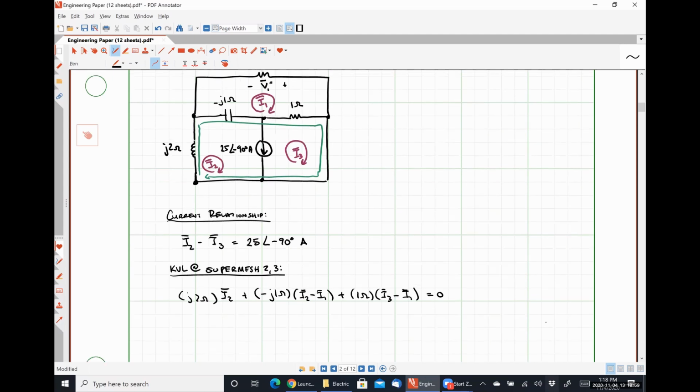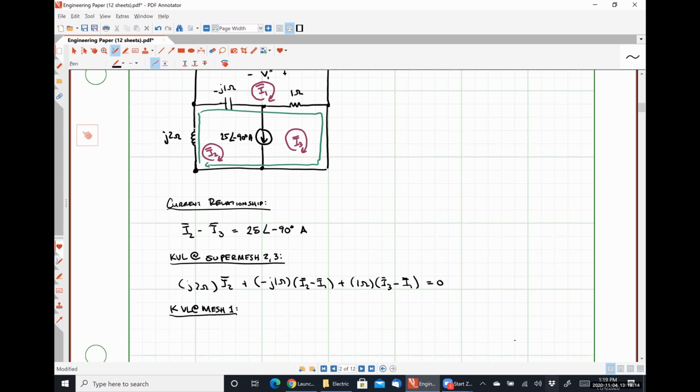All right, then our last equation is going to come from mesh 1. Noah Perkins, you made the fault of telling me your name, so I'm going to pick on you now.